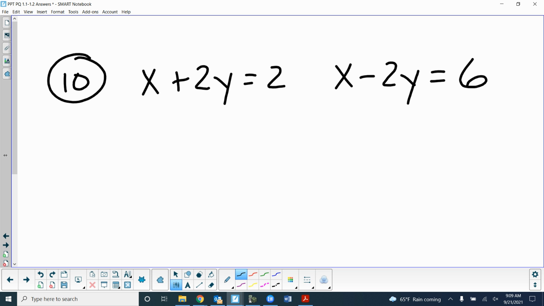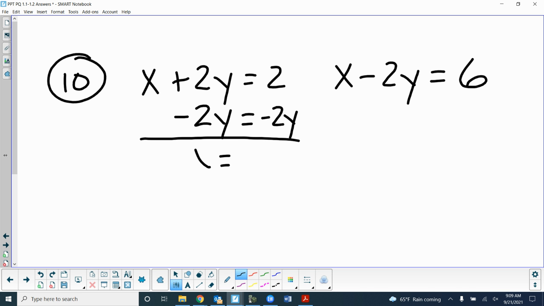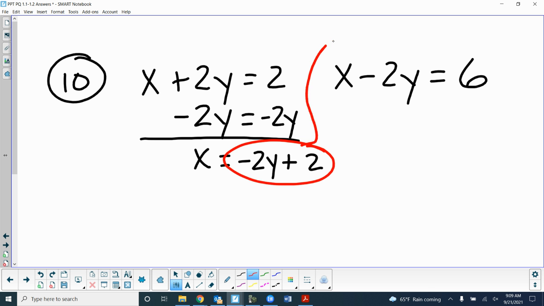So get one of the x's alone. I got this first one alone, so I just subtracted 2y from both sides. So x equals negative 2y plus 2. If you wrote 2 minus 2y, that's okay. Take that and put it in the other equation for x.